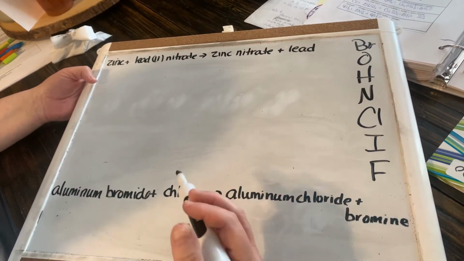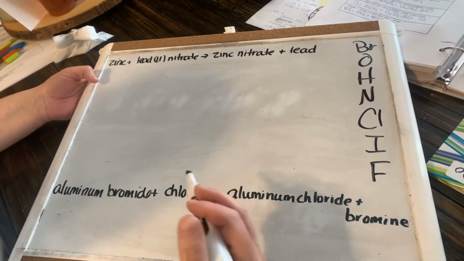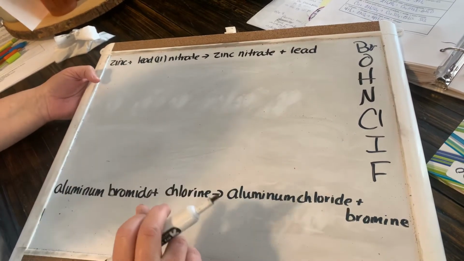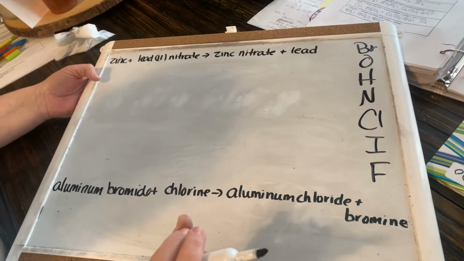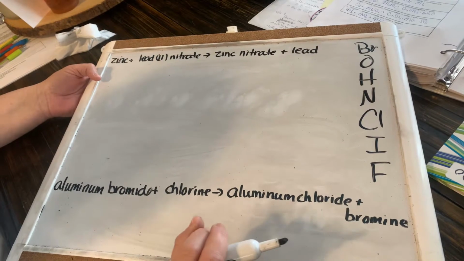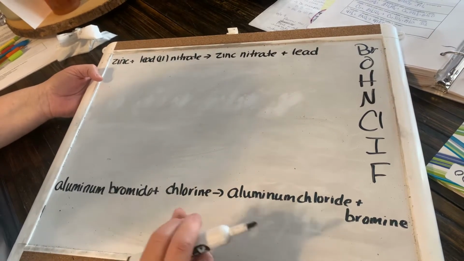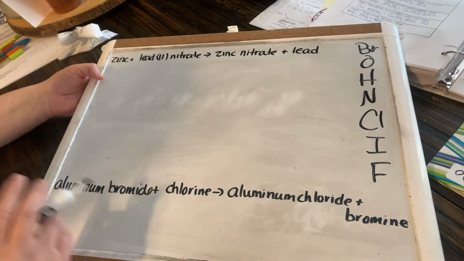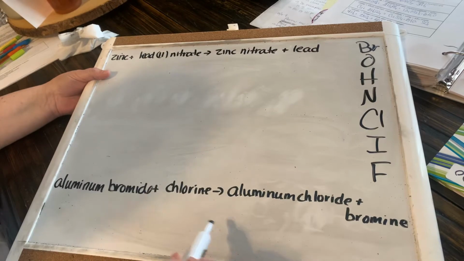Bromine has -1, oxygen is -2, hydrogen positive and -1, nitrogen -3, chlorine -1, like that from the periodic table. But again, if they're by themselves, they're diatomic molecules, which means by itself it's Br2, by itself it's O2, by itself it's H2, like that. We'll get there in just a minute. But let's do one that's a little easier first before we get into the Braun-Cliffs, which is down here.